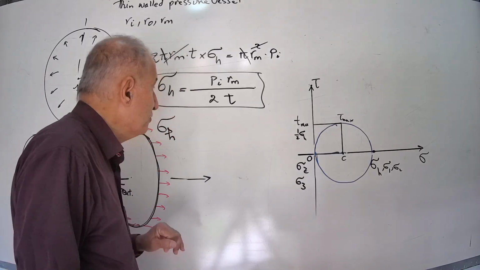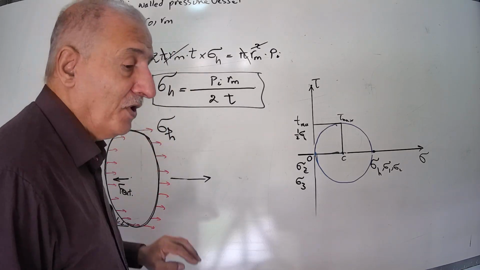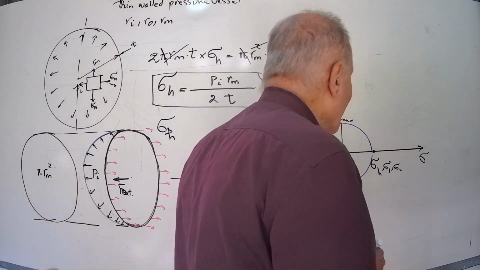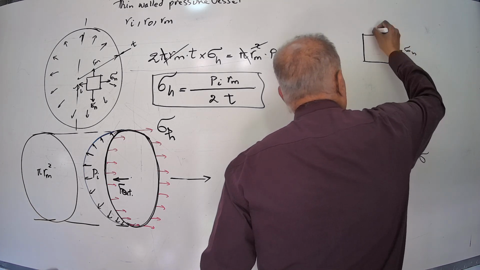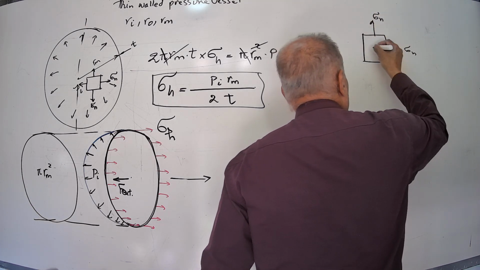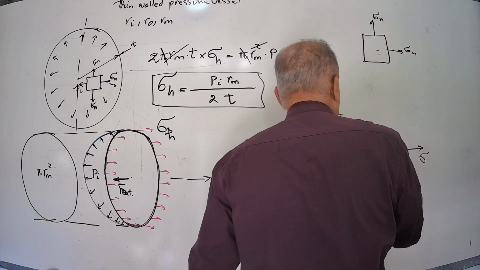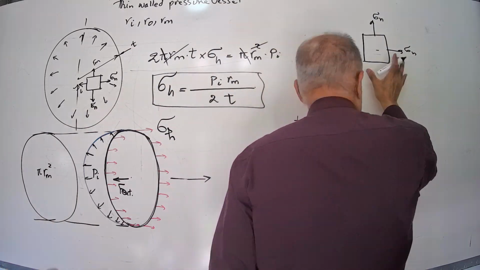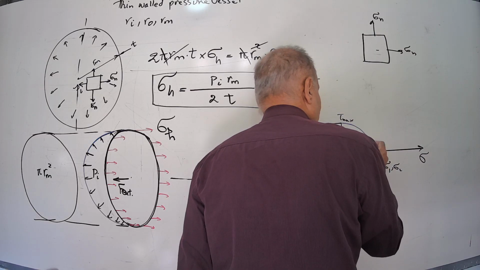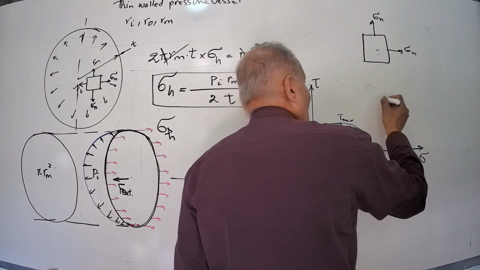If you rotate the element 45 degrees, the original element has sigma h and sigma h. On the Mohr circle this is a rotation of 90 degrees, counterclockwise.